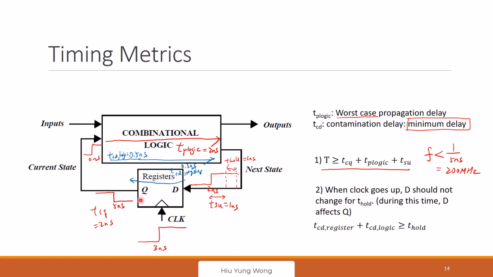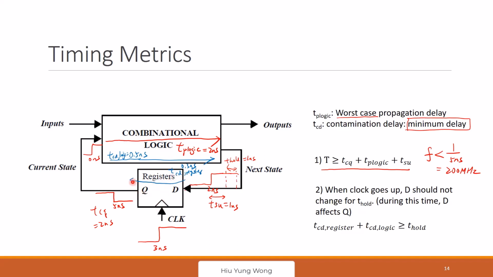However, this data goes so fast that it comes back already and damages my data. I cannot hold for 1 nanosecond, then I won't be able to copy successfully. The whole logic screws up. So basically, when the clock goes up, D should not change for the hold time. But because of the contamination delay, this is so fast.